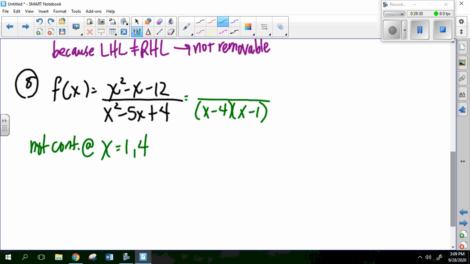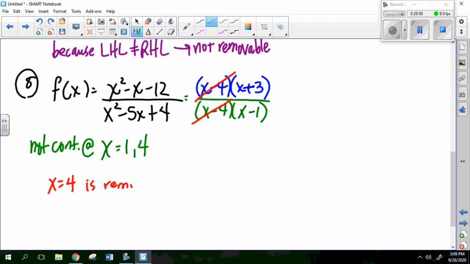So that's when you have to factor the numerator, which we've done earlier. And if a factor crosses out, that means there's a hole. So x equals 4 is removable, because there's a hole at x equals 4.